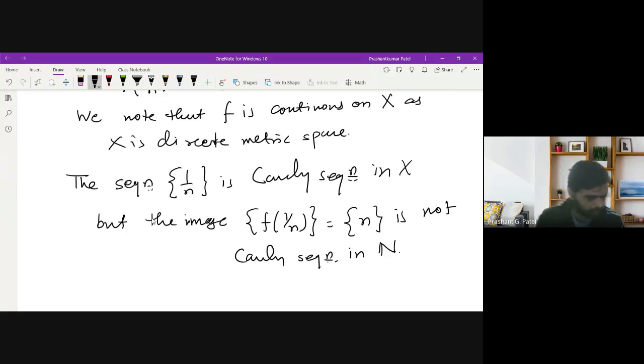Therefore, we have achieved that under a continuous map, the Cauchy sequence will not be preserved.